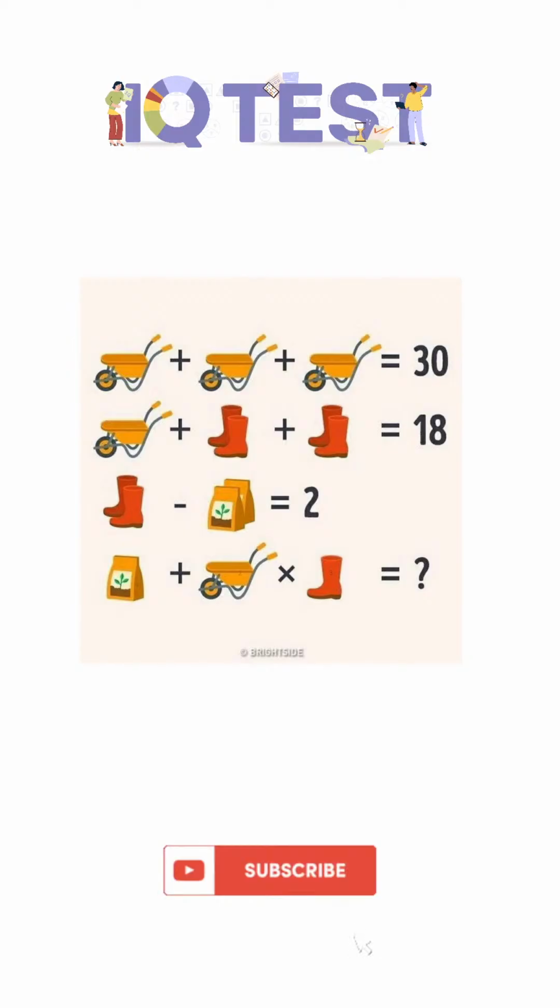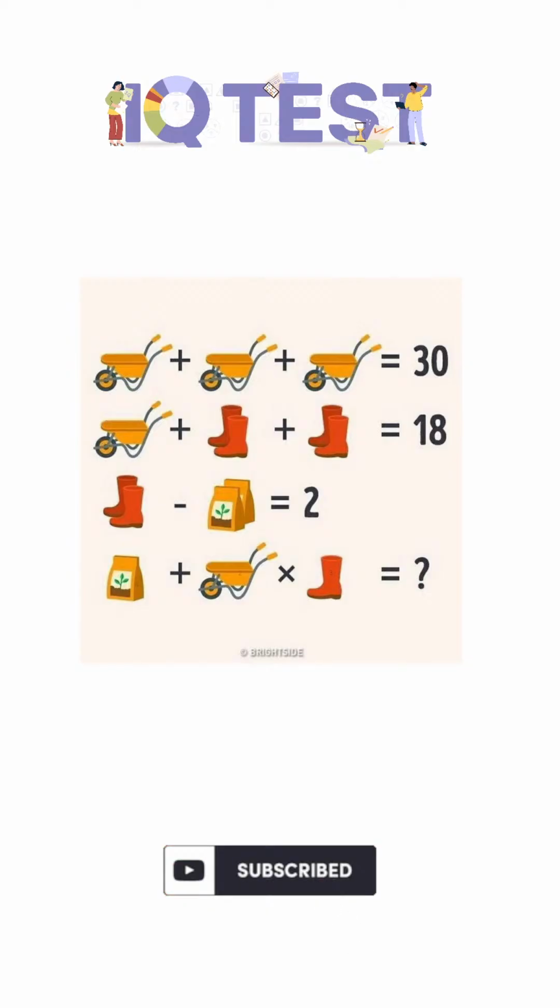Now, once the boots are 2 each, if we look at the next one, we have the boots, the pair, which is 4 in this case, minus 2 bags of seeds. It means that 1 bag of seed is 1, so 4 minus 2 will give us 2. So our final answer will be the bag plus the wheelbarrow multiplied by the boot. The bag is 1 plus the wheelbarrow, which is 10, multiplied by the Wellington boot, which is 2.